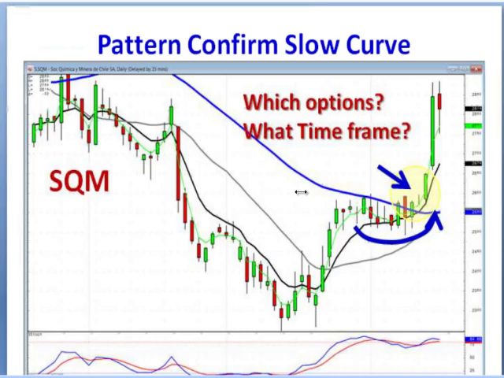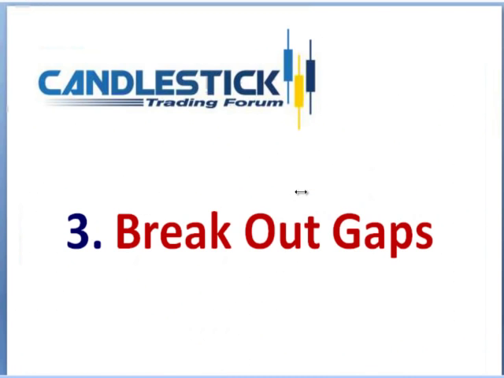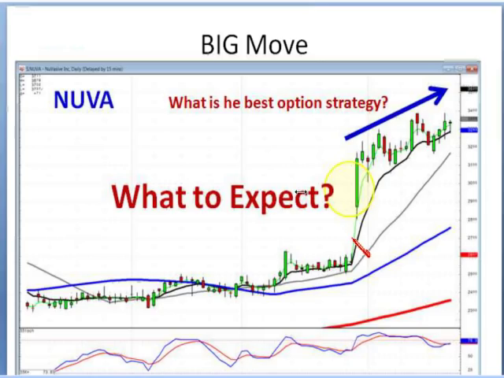Okay, so the breakout gaps pretty much tell us there's a definite change of investor sentiment. And what do we expect after a big breakout? We expect that 45 degree. So now we can put in different strategies based upon expecting a 45 degree and how much time we want to allocate to that trade, whether it's a weekly or a monthly.